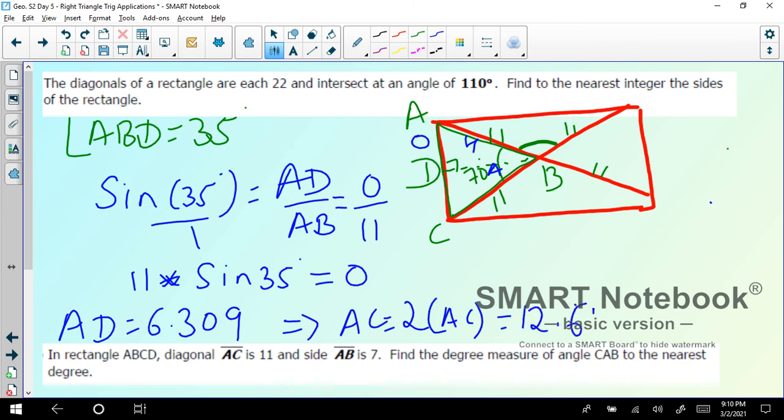That's what we had rounded to third decimal, so it's 12.618. AC is correct, my bad guys. AC was right here, but here it should have been AD. This is AD, twice AD.